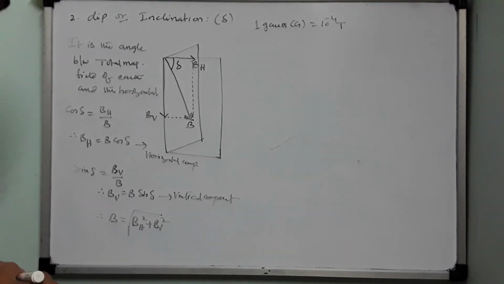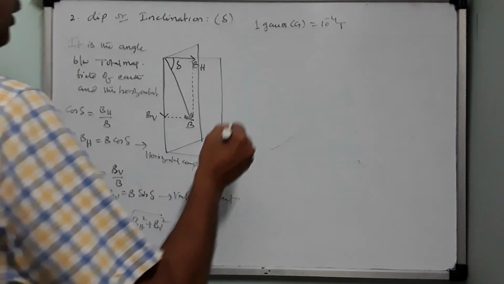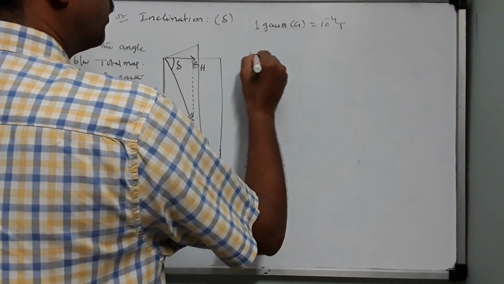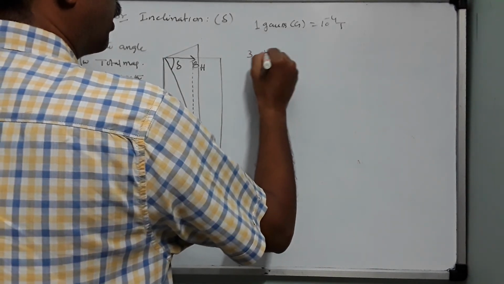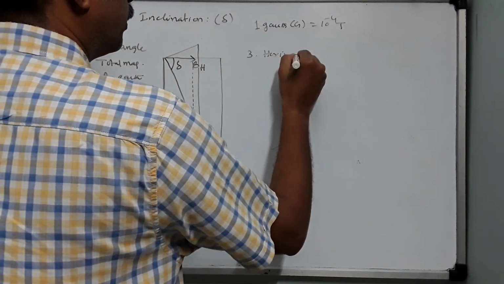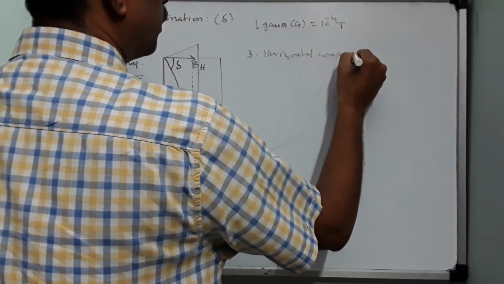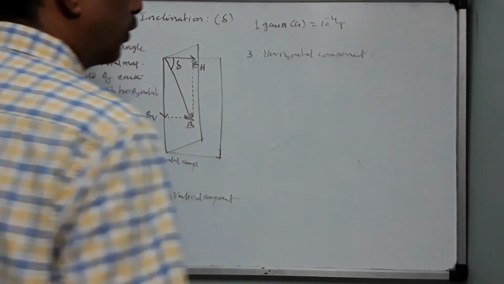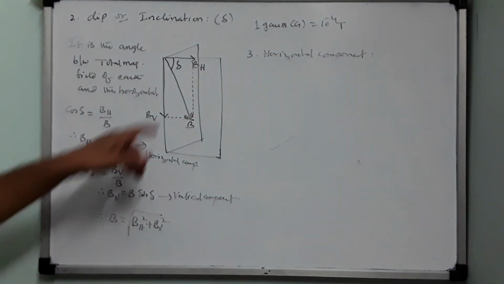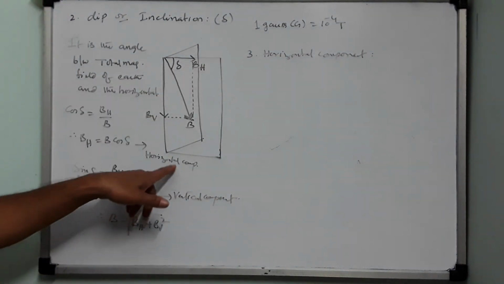Right. Then the third component is the horizontal component. So this BH is nothing but the horizontal component, children. We have written here.